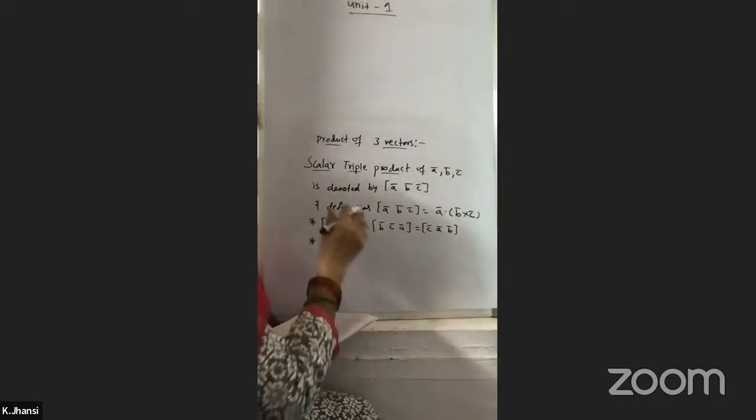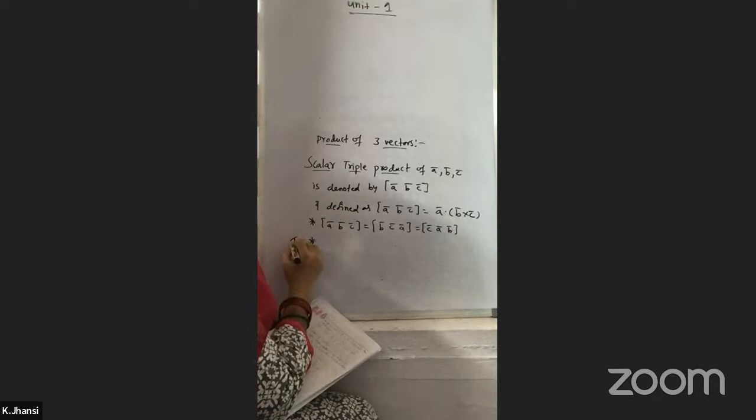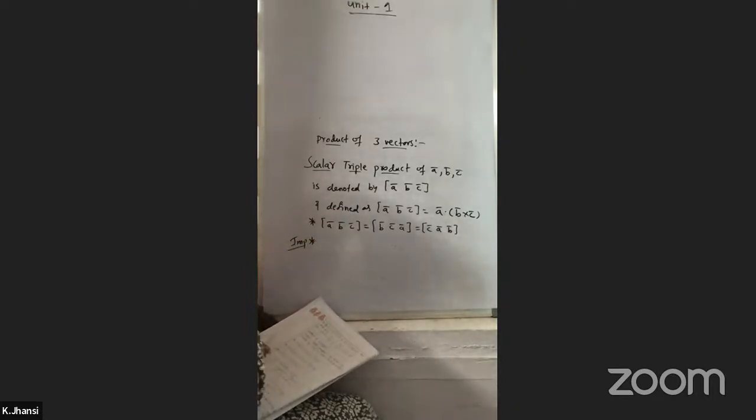Next one is A cross B cross C, and this is the important one for finding the product of three vectors.